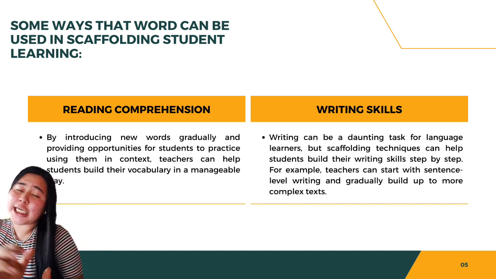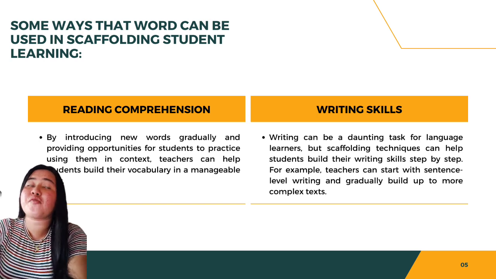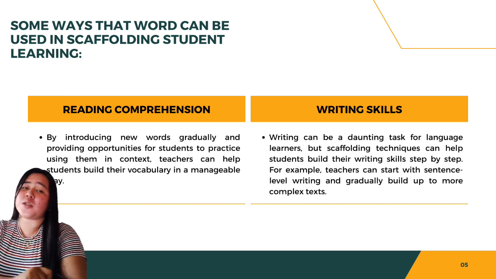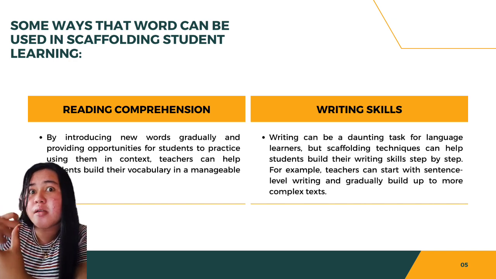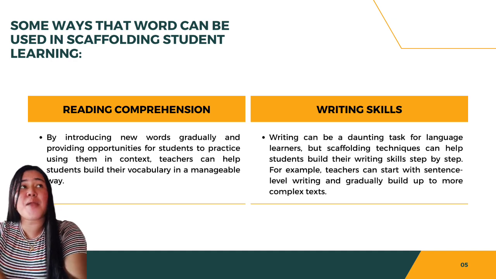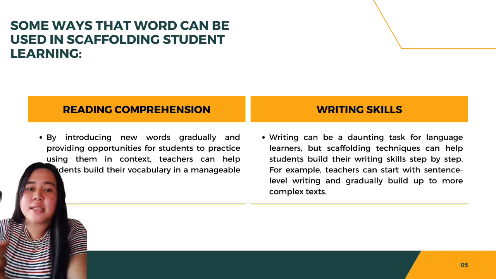Next is writing skills. Scaffolding can help students to build their writing skills step by step. For example, a teacher may start with sentence level writing, providing a model and guiding the students through the writing process with explicit instructions.